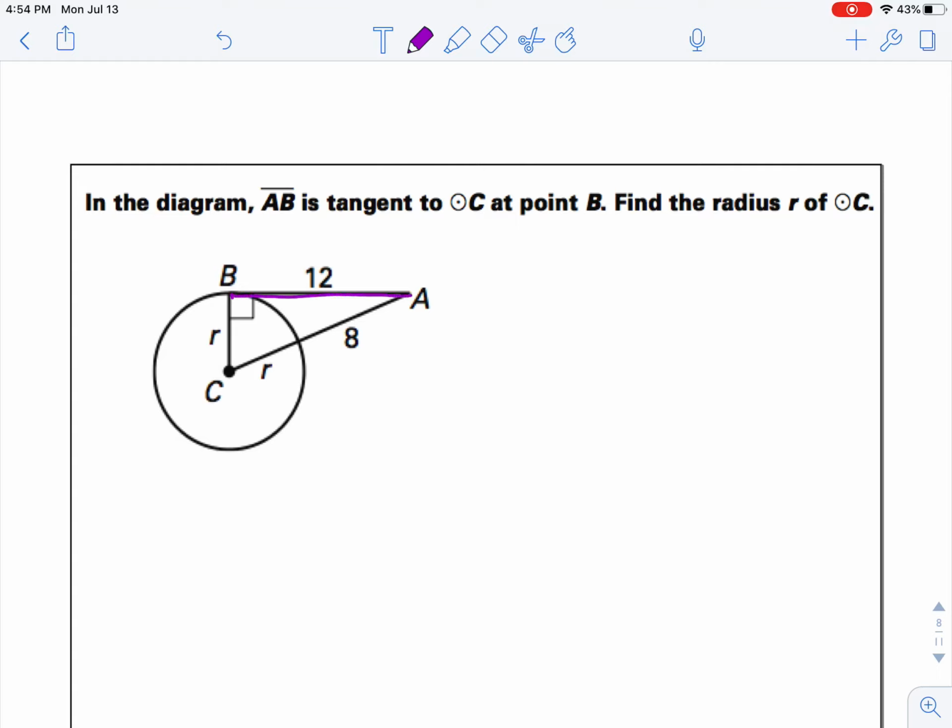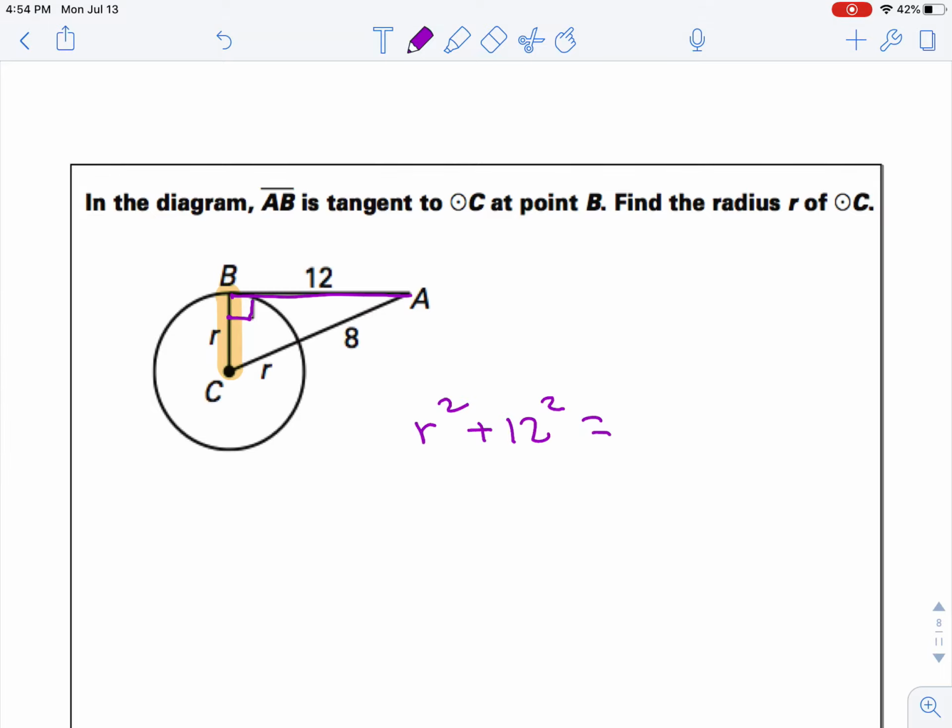So now it says in the diagram AB is tangent to circle C at point B. So now we know this is a tangent, it is perpendicular. We want to find the radius right there. Well, it's a right triangle.